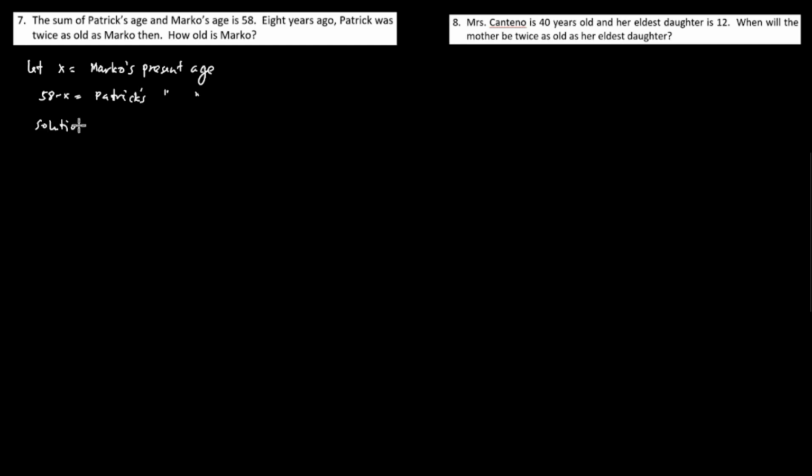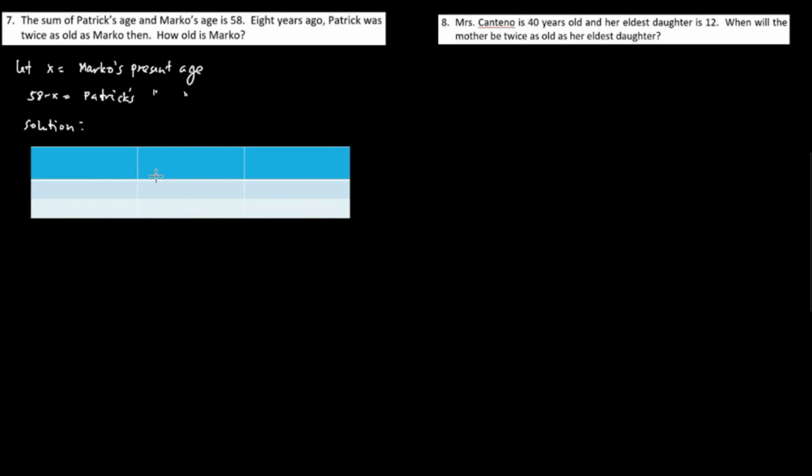So this is Patrick's present age. Solution. And based on the table, so this is the age of Marco and Patrick. And this is the now. And that's 8 years ago.